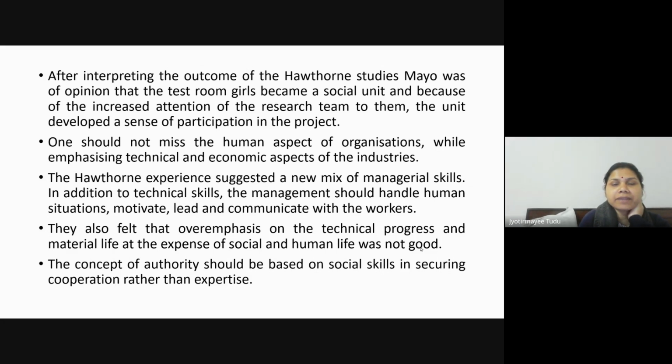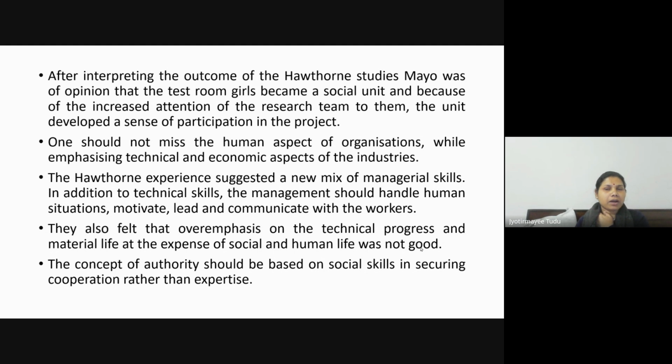Mayo identified that individuals working in the organization need to act as a social unit. But how that social unit is to be constructed, whether it could be continued as a convention, whether individual members decide how they are going to construct or work as a social unit, or management has to facilitate it, on that aspect Mayo had not mentioned anything.